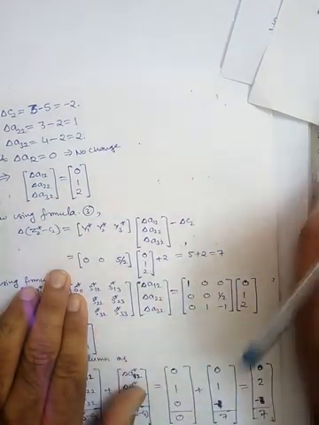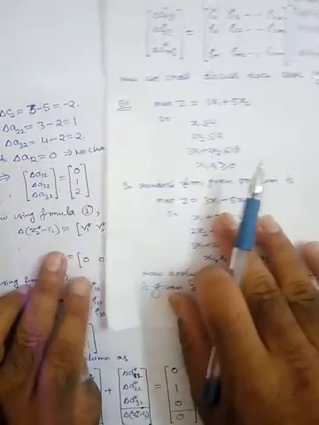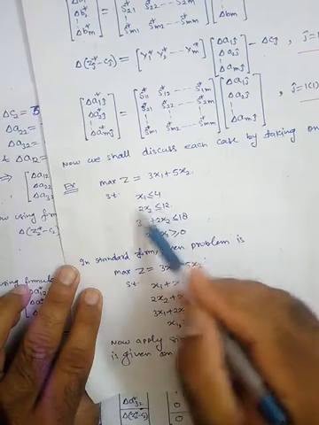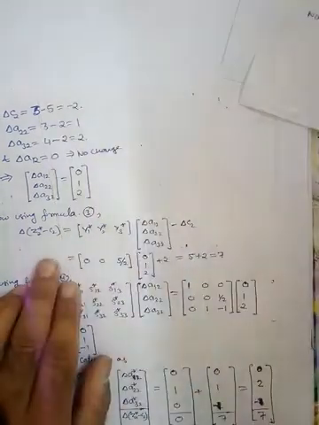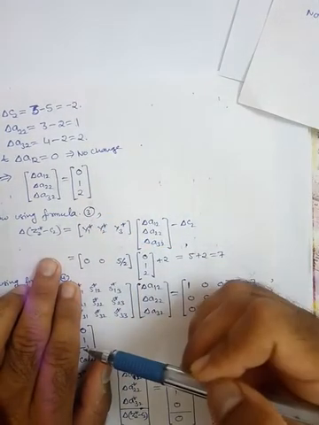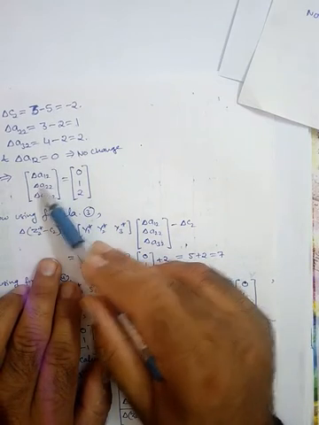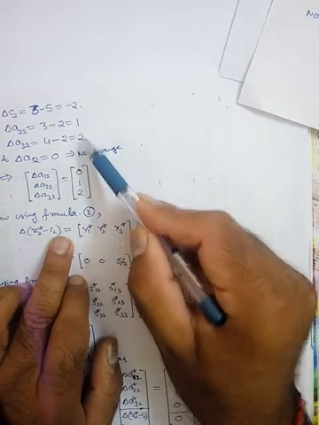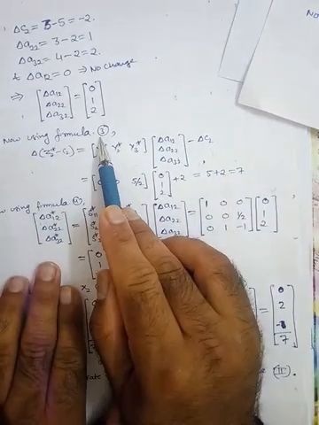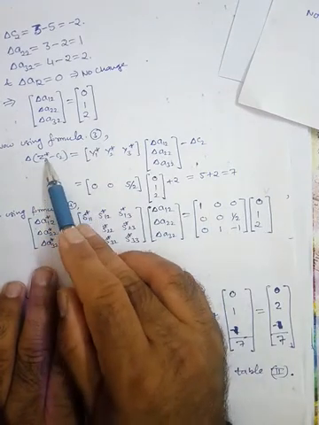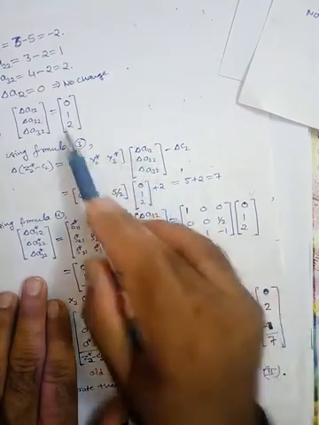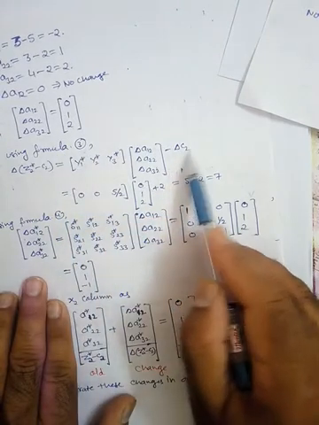So this is the column A12, A22, A32: 0, 1 and 2. Now apply formula number 3, which is delta Z2 star minus C2 is equal to Y1 star, Y2 star, Y3 star, multiplied by this column, minus delta C2.